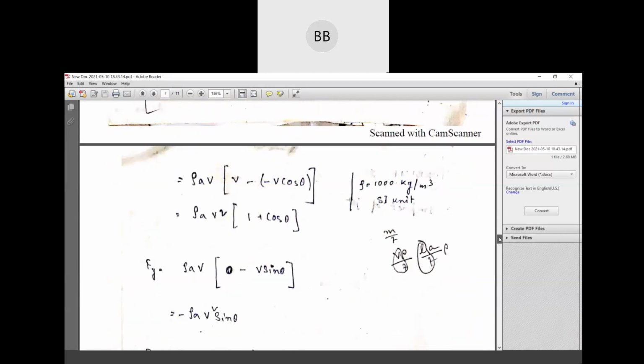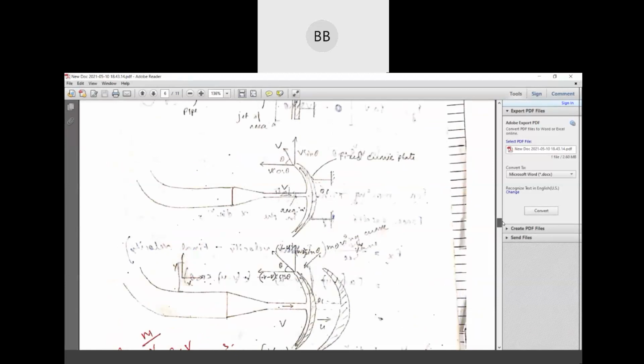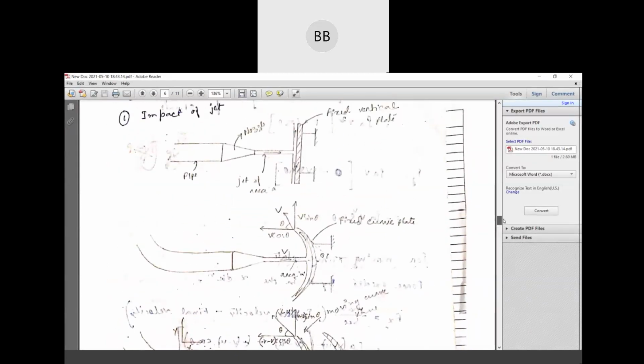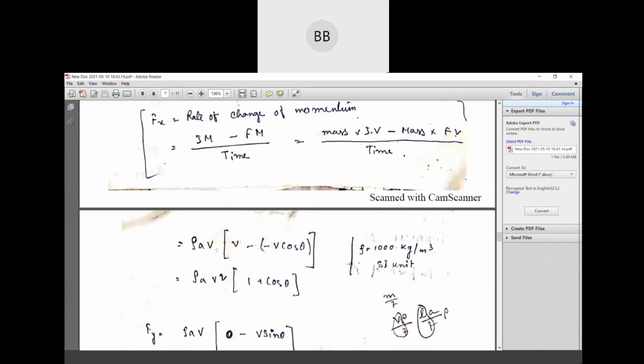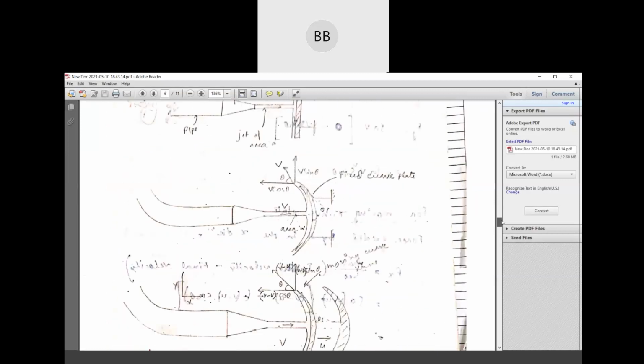So now if we apply F of x for the first case, rho AV will be there. Then we have initial velocity.